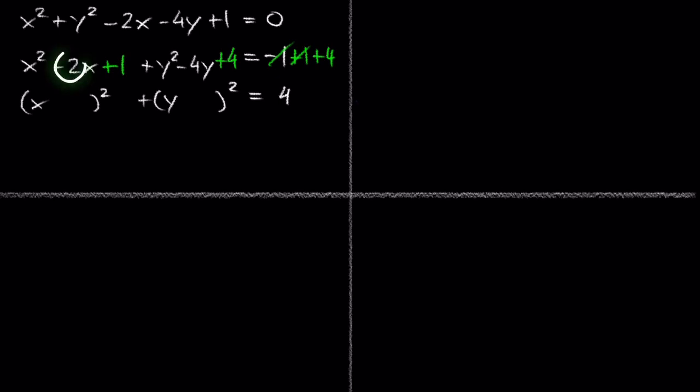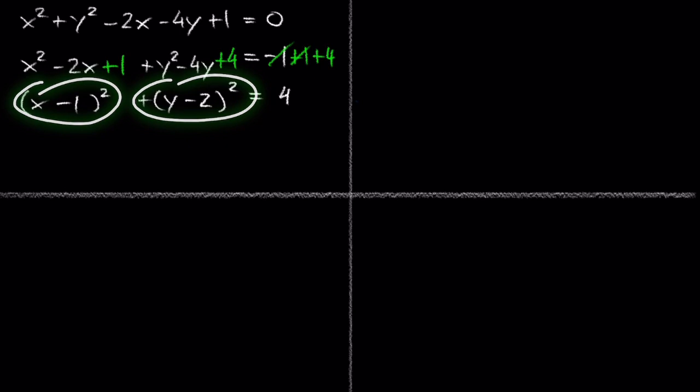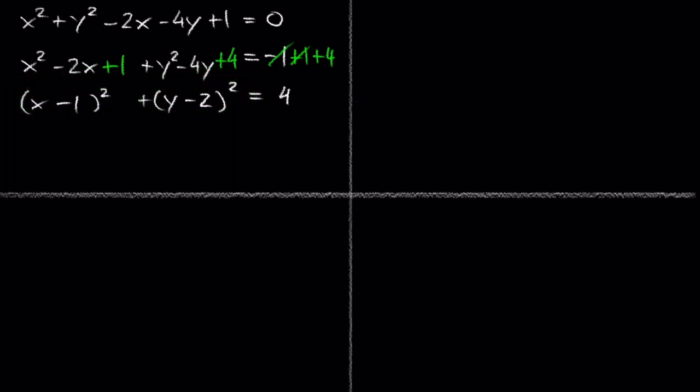Just the half of -2, which is -1, and the half of -4, which is -2. If you want, you can verify that these perfect square binomials are equivalent to these perfect square trinomials. Feel free to write it in the comments how you would.